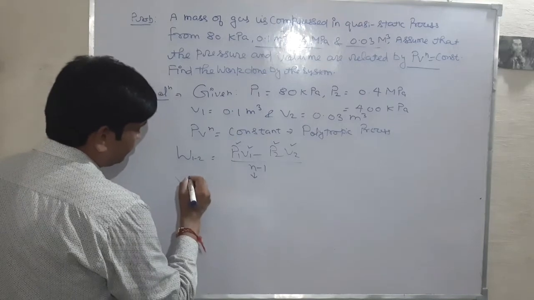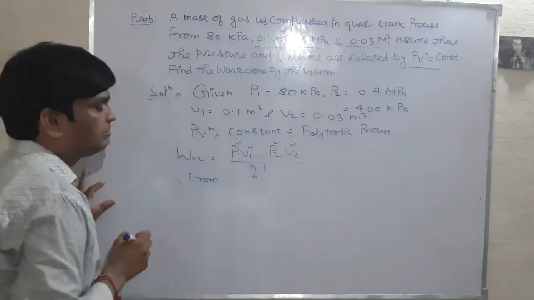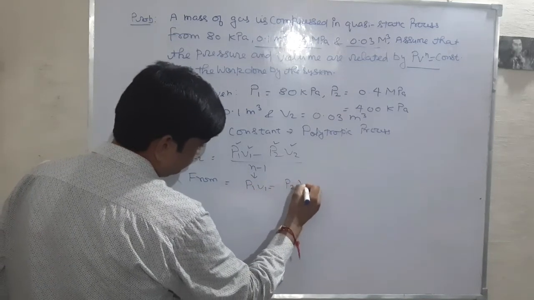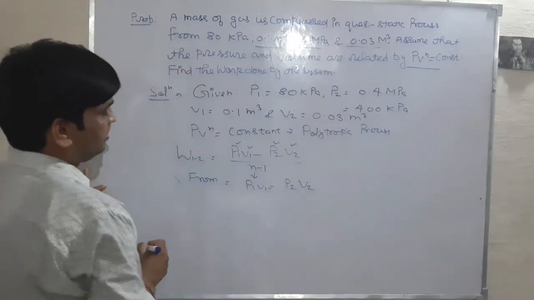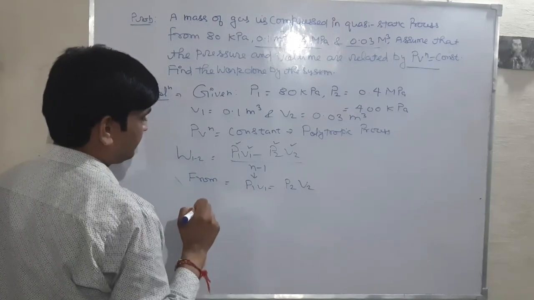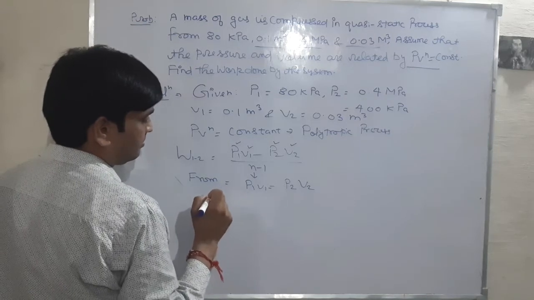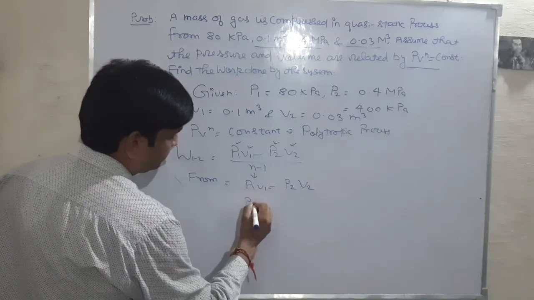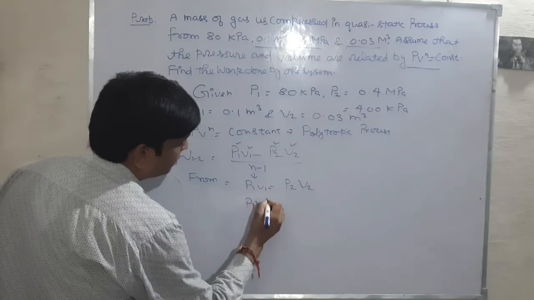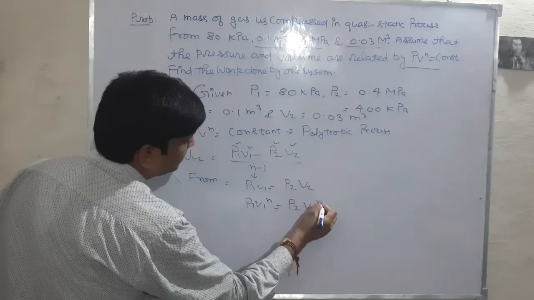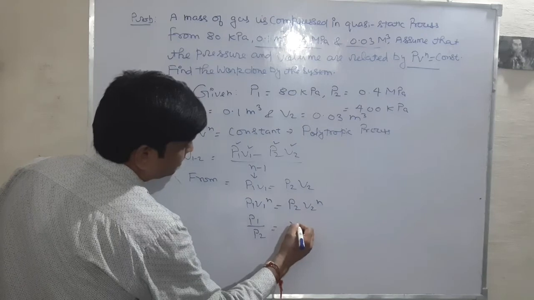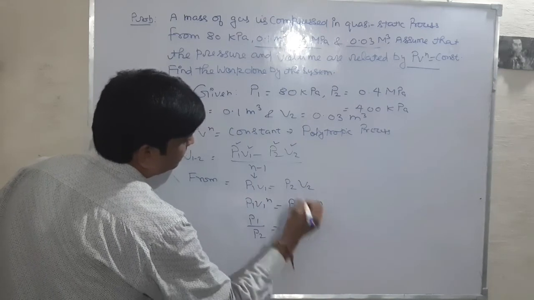So from PV equal to RT, P1V1 equal to P2V2. Here the process is polytropic, so P1V1 to the power n equal to P2V2 to the power n, P1 upon P2 equal to V2 upon V1 to the power n.